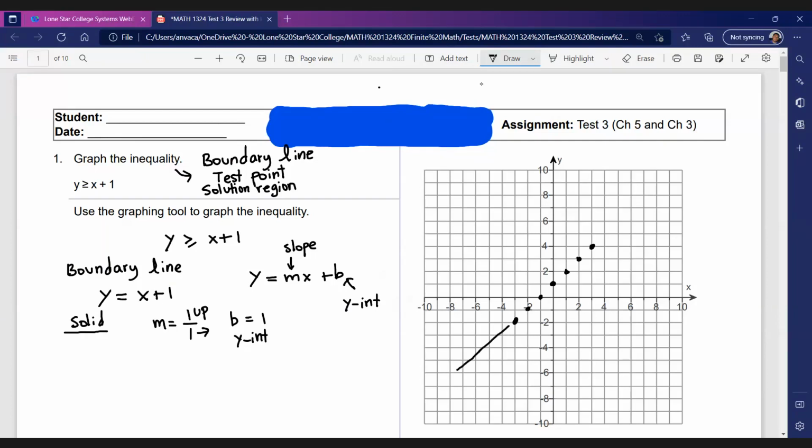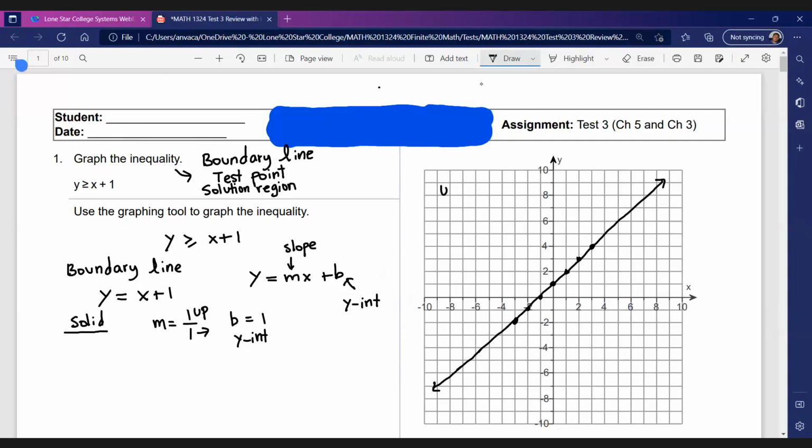Okay, there it is, and I'm going to extend this line here. What this boundary line has done is taken our graphing grid and broken it into two halves.